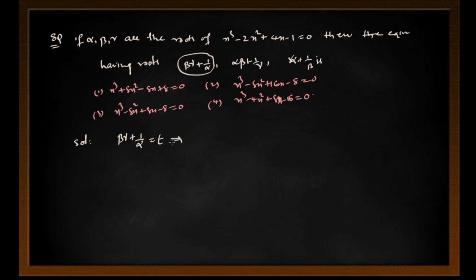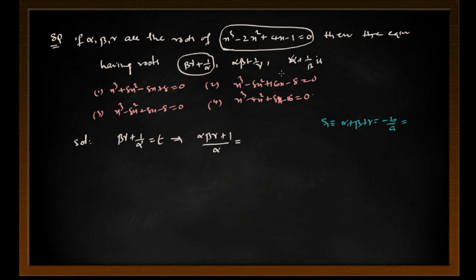After taking LCM, it will become alpha beta gamma plus 1 by alpha. What about alpha beta gamma? Alpha, beta, gamma are the roots of this given equation. We have S1, sum of the roots, alpha plus beta plus gamma equals minus b by a, that is minus of minus 2, so alpha plus beta plus gamma is 2.